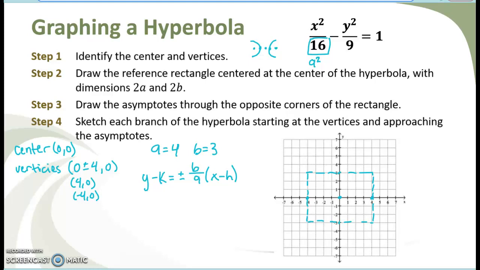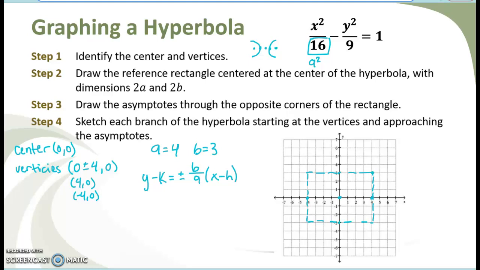Now the b over a is a slope. This is the equation of a line. So b is the rise of the slope, and a is the run of the slope. Look at this. From the center, if I rise b, which is 3, and run 4, I get the next point of my asymptote.